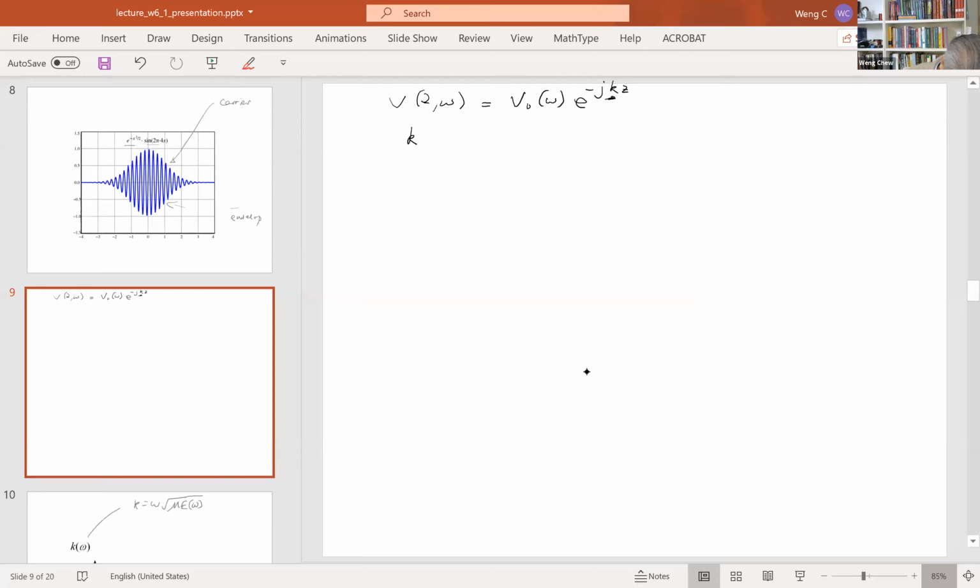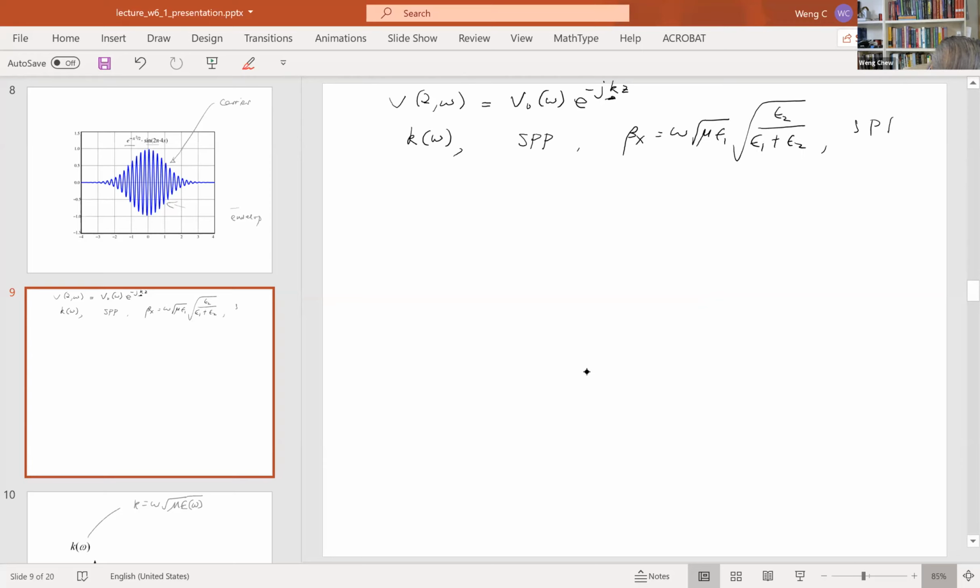k is usually a function of omega that is rather complicated, okay? For instance, when you have a surface polariton or surface plasma polariton, that beta x is something like omega over c times the square root of epsilon 1 epsilon 2 over epsilon 1 plus epsilon 2, kind of thing.